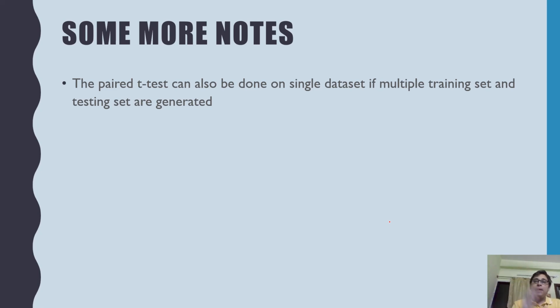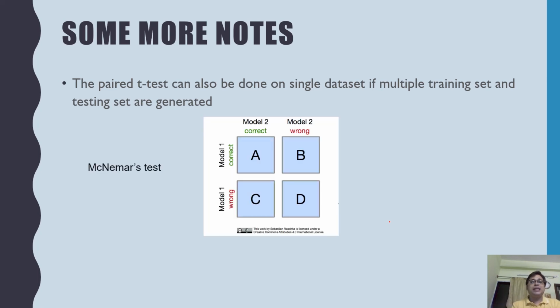However, there is another famous test called McNemar's test, which uses a table like this. It calculates in how many cases model 1 and model 2 were both correct, how many cases model 1 was correct and model 2 was not, something like a confusion matrix if you look carefully.